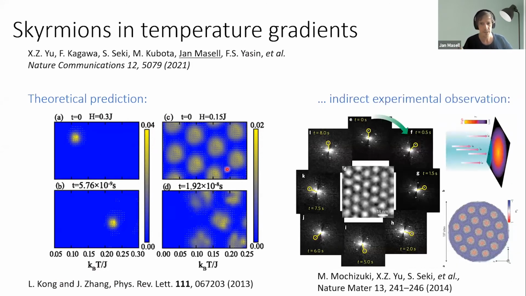And there were also some experiments which measured it indirectly, because they shone an electron beam on a sample, which gives you a radial thermal gradient, and in this radial thermal gradient, the skyrmion lattice starts to rotate. That can be interpreted as this kind of moving skyrmions in the thermal gradient story, but it's indirect because they are rotating, not moving along the thermal gradient.